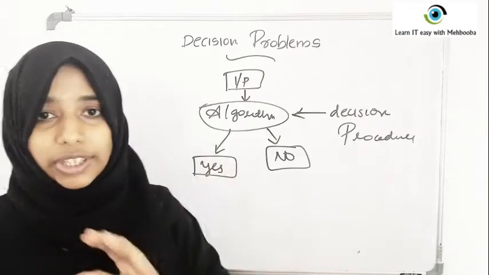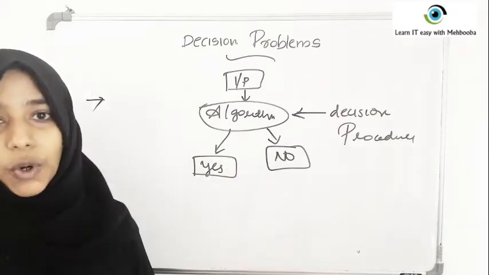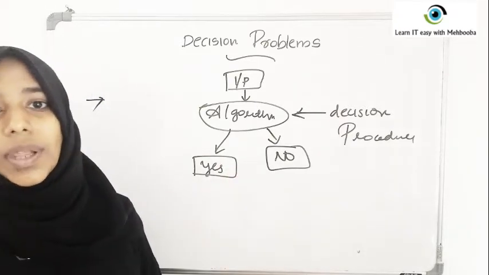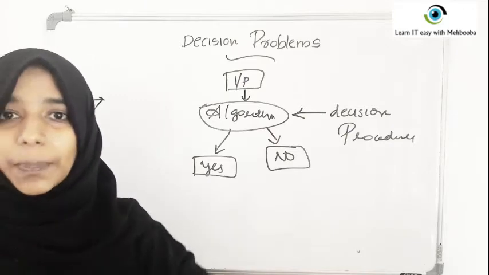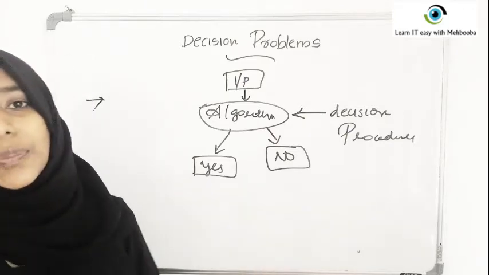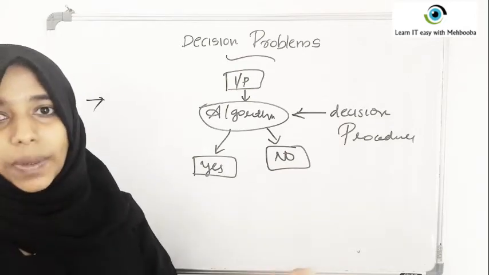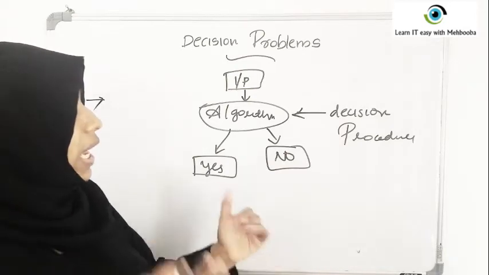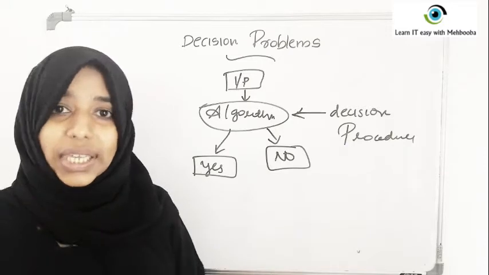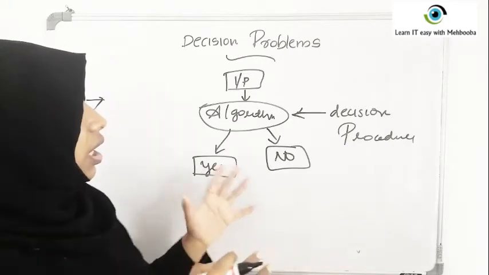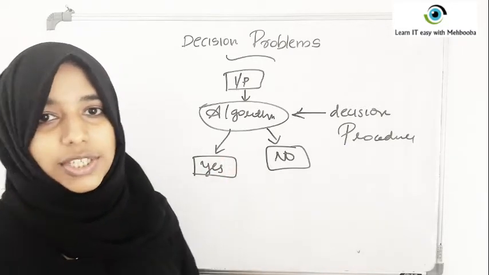The importance of decision problems is that all the problems in computer science can be converted to decision problems with roughly equal complexity. I repeat, all the problems can be converted to a decision problem with roughly equal complexity. That is the advantage or relevance of learning decision problems.